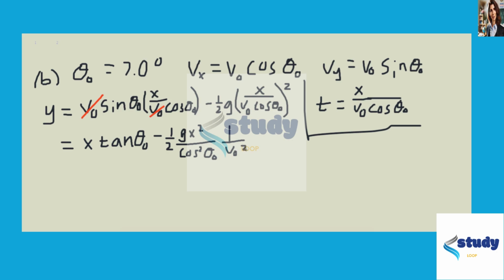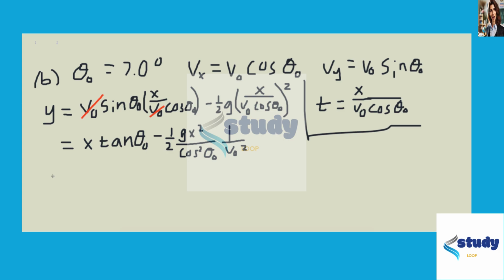Okay, so let's start now trying to solve for v naught. The first thing we can do is move the x tangent theta over to the other side and then multiply everything by -1 to get rid of that negative in front of the 1/2 g.